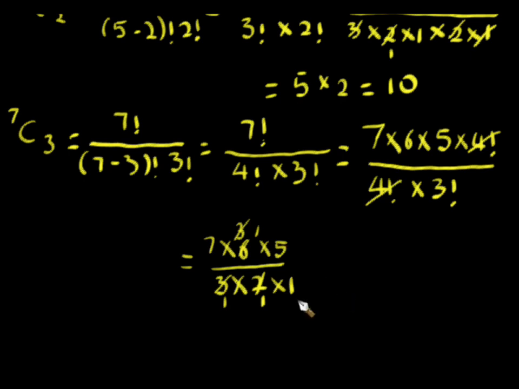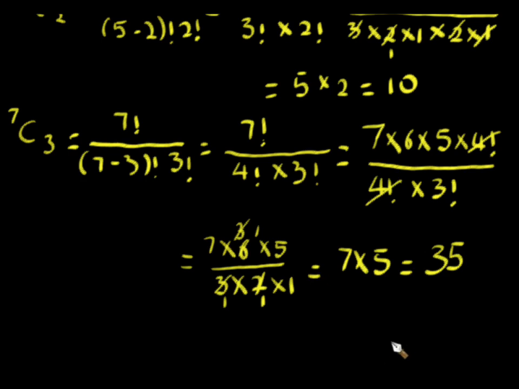So in the end, we are left with 7 times 5, and 7 combination 3 gives us 35, right? That is why I said you cannot just go on ahead and multiply 7 times 3 as per what happened with the 5 combination 2, right?